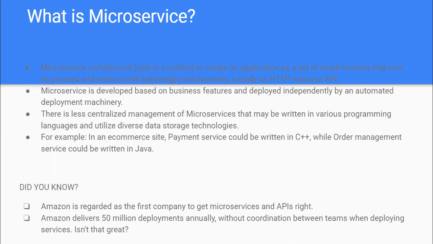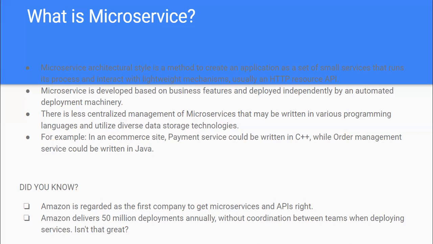Microservices are developed based on business features and deployed independently by an automated deployment machinery. There is less centralized management of microservices that may be written in various programming languages and utilize diverse data storage technologies. For example, in an e-commerce site, payment service could be written in C++, while order management service could be written in Java.